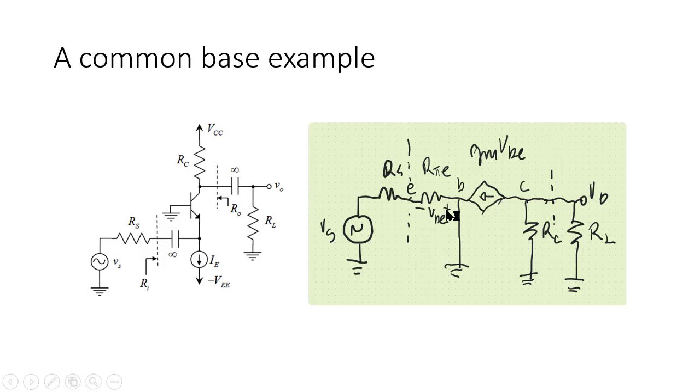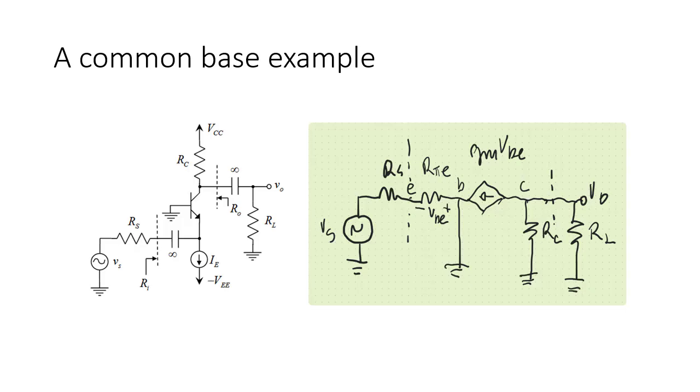The polarity of the voltage will be for VBE, higher at the base, lower at the emitter. That is a convention. The resistor of the collector is connected between the collector and the ground, because now VCC is grounded. There is this one. This capacitor is shorted in AC, and we have finally the load resistance. There, that is your circuit.